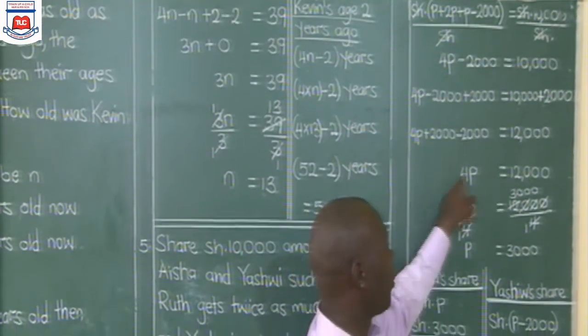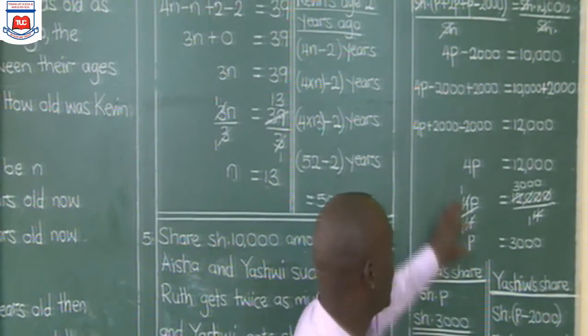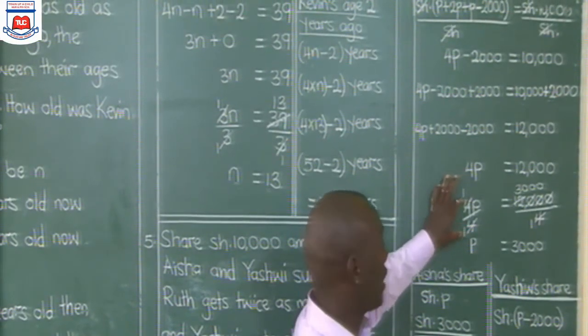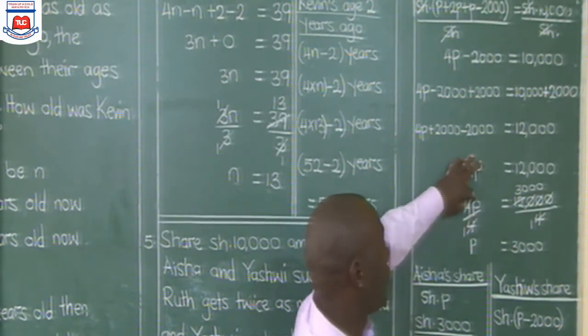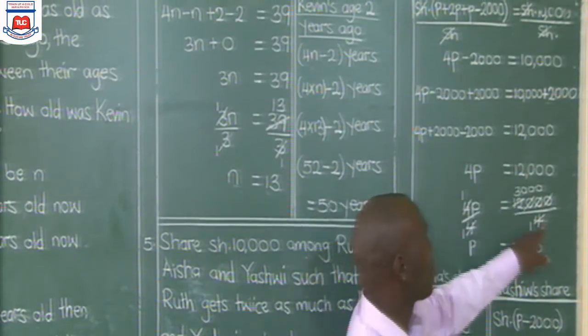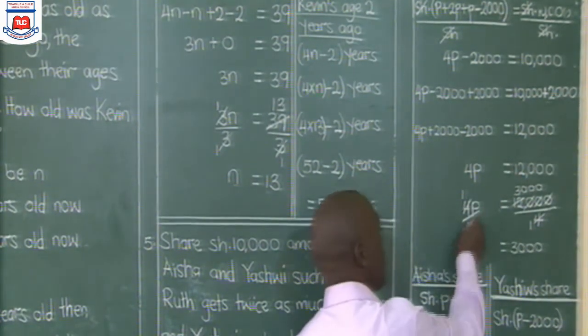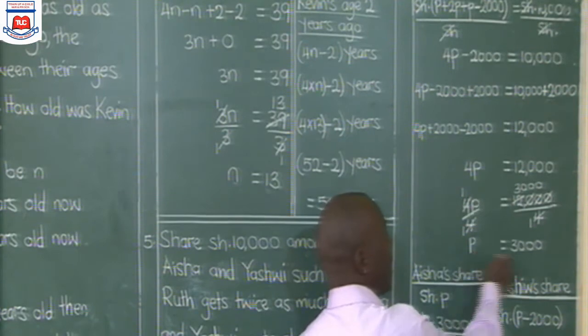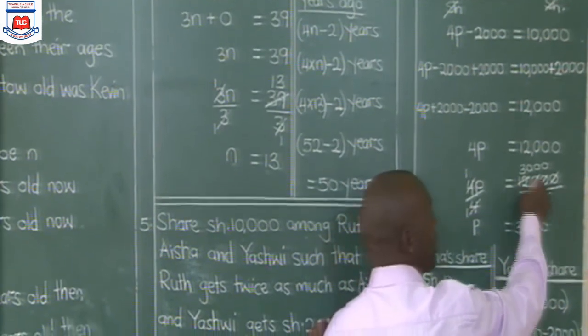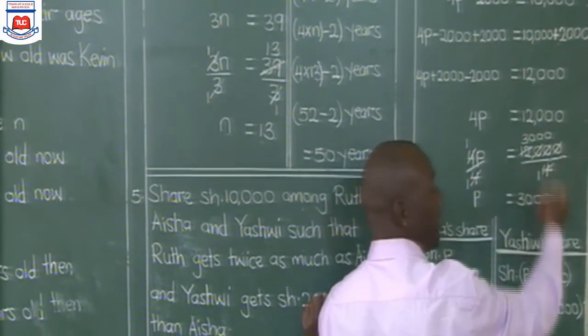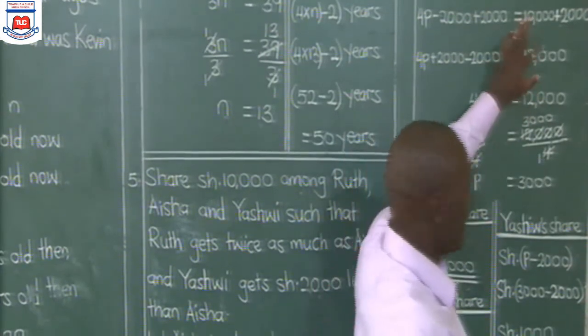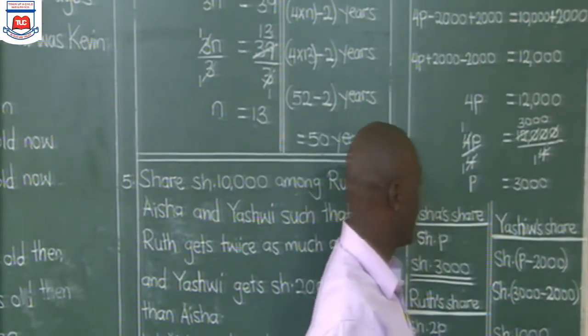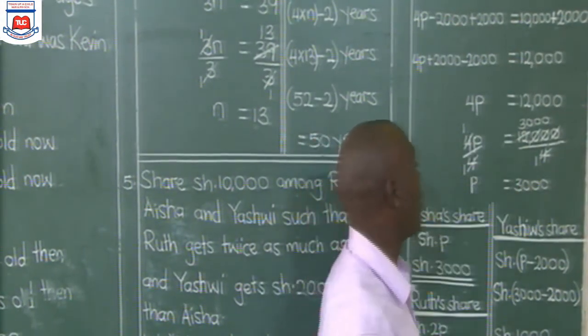We are remaining with 4P, which is equal to 12,000. Thereby dividing either side by 4, like 4P divided by 4 equals 12,000 divided by 4. Cancel by 4 once on 4P, and by 4 once, 12 divided by 4 is 3. And then the 3 zeros are written on top here and we get P as 3,000.